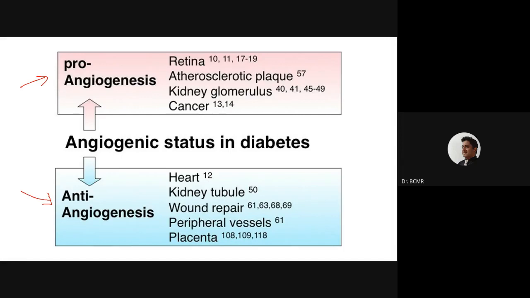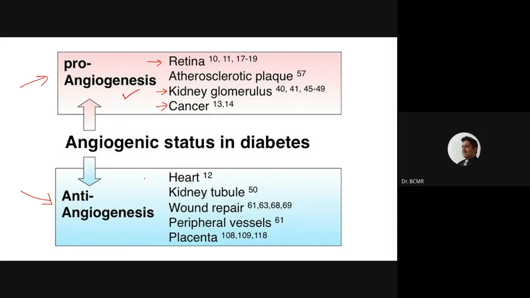So in different tissues, angiogenesis changes because of diabetes. Say in retina, kidney glomerulus, and in cancer and other plaques and so on, you have more angiogenesis forming.